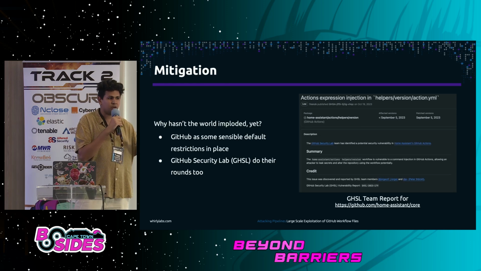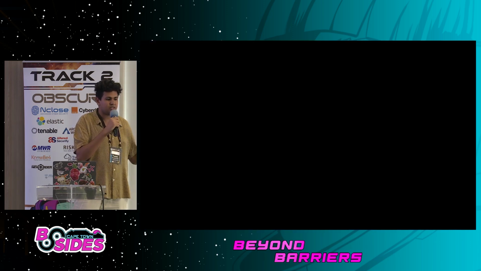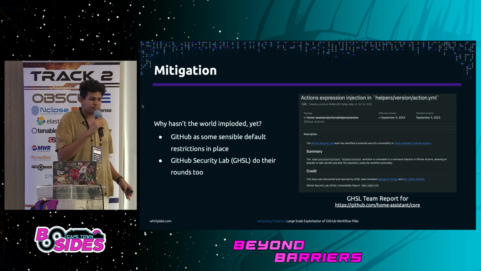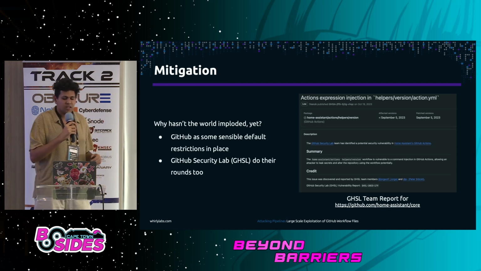So you would have to purposefully go into the token settings and say, I want this GitHub token to be able to edit files in the repo. Otherwise, it would just have read access, so it would be able to see the titles of pull requests coming in, but it wouldn't actually be able to make any modifications. And also, GitHub Security Lab does their rounds. They go around checking some known vulnerabilities. They probably have their own scanners as well.